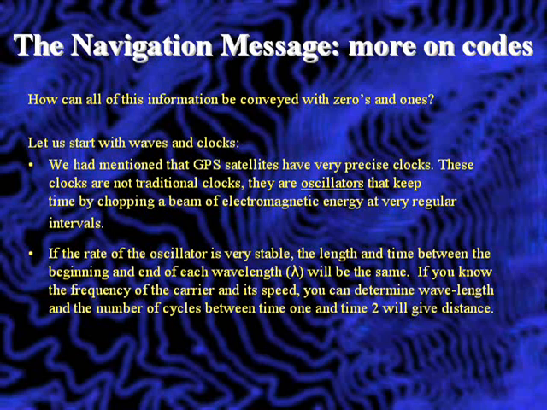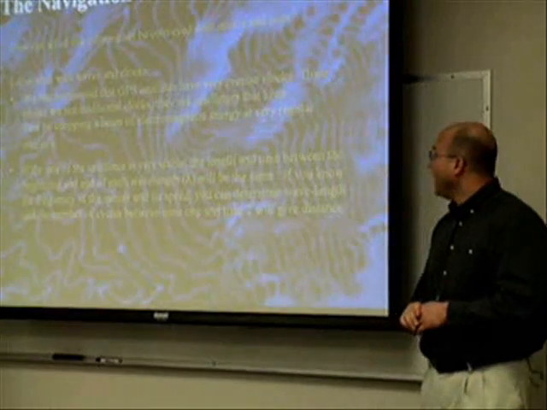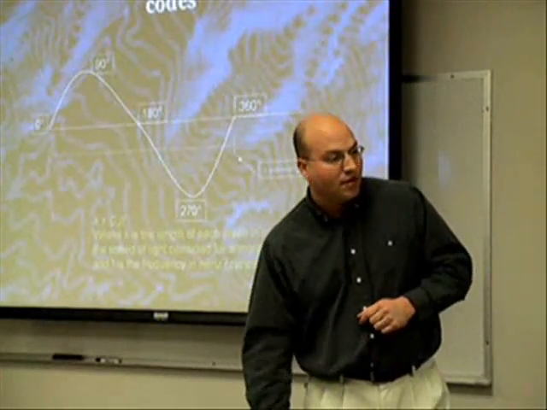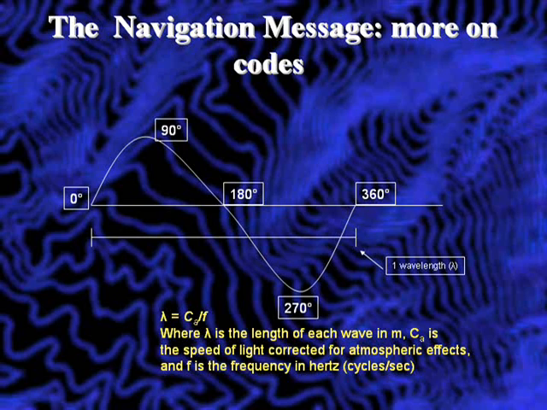These consistent time intervals are then used to create the carrier wave. And how is that connected? Well, the wavelength, lambda, is equal to the speed of light, corrected for the atmosphere, divided by the frequency.